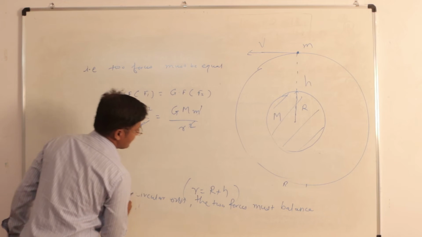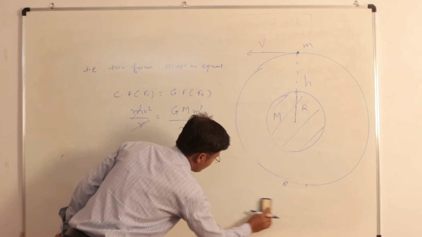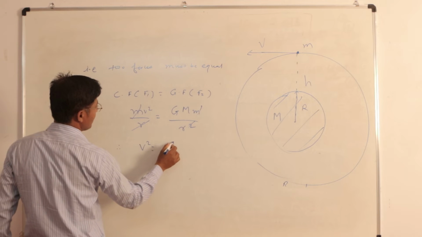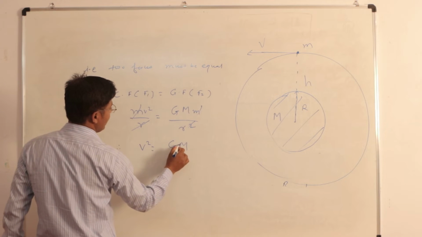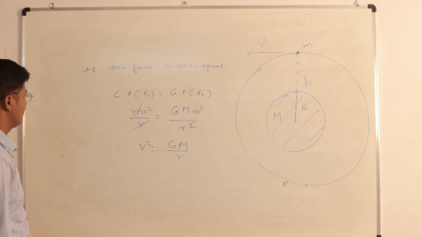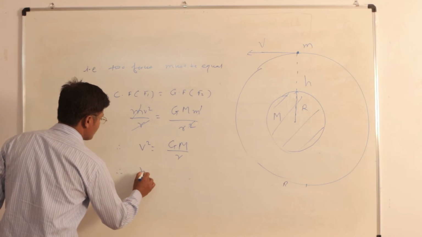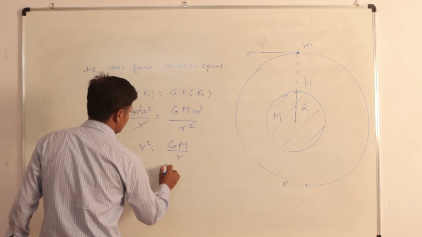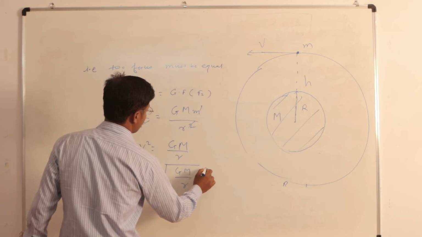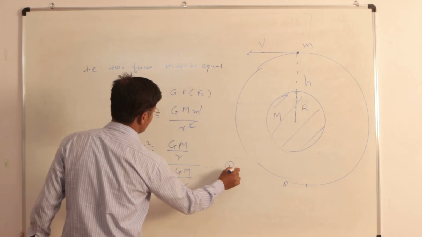So finally, what is the velocity of the satellite in orbit? That is velocity v² equal to GM upon r, isn't it? That is velocity v equal to square root of GM upon r. आपण याला equation 2 म्हणू.